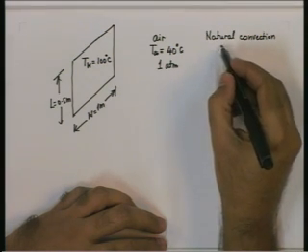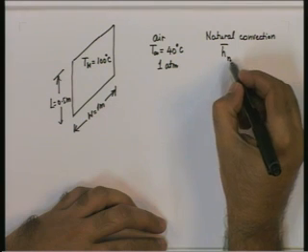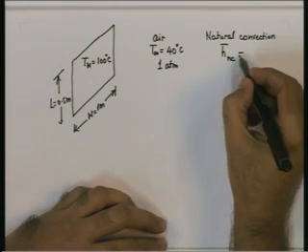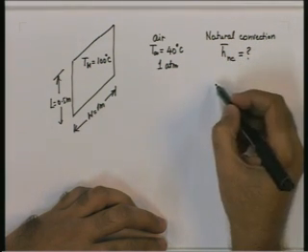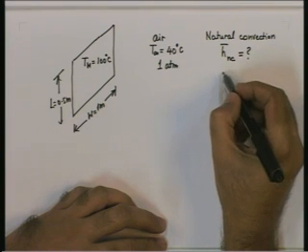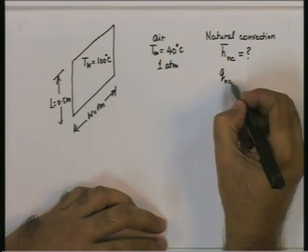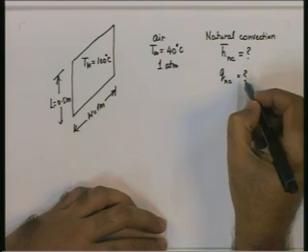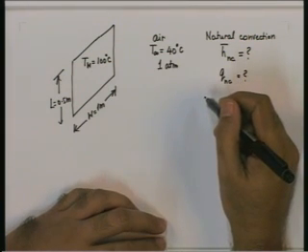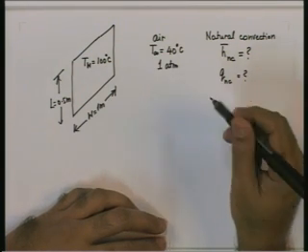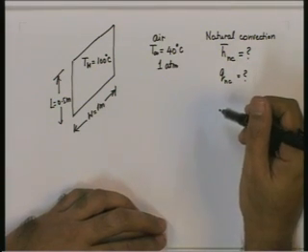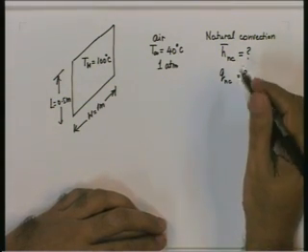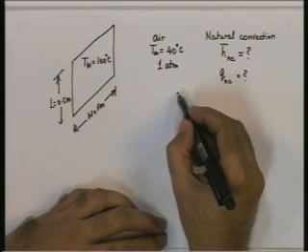We have to determine the average heat transfer coefficient by natural convection, and we have to determine the heat transfer by natural convection. We will see while working out this problem that radiation may play a role.